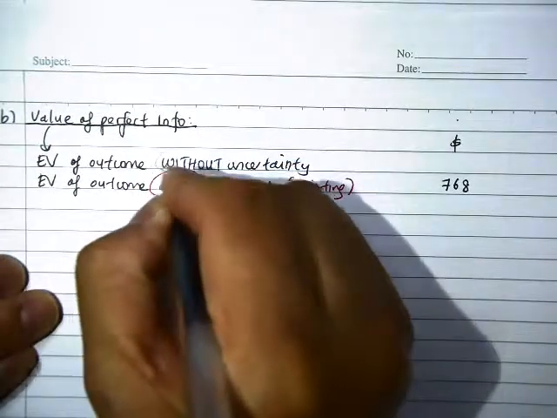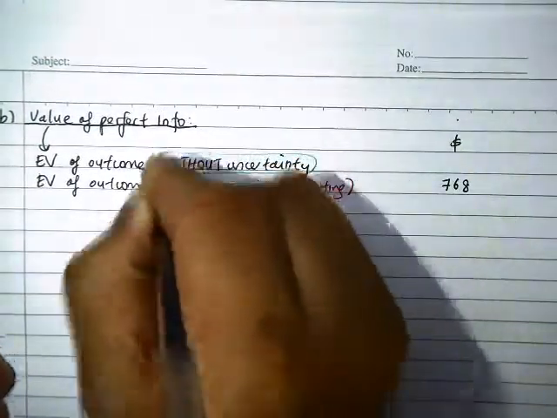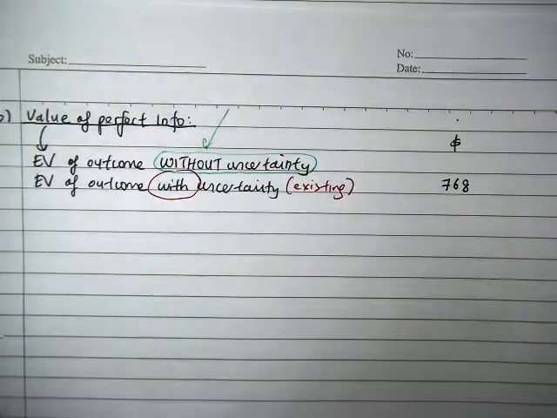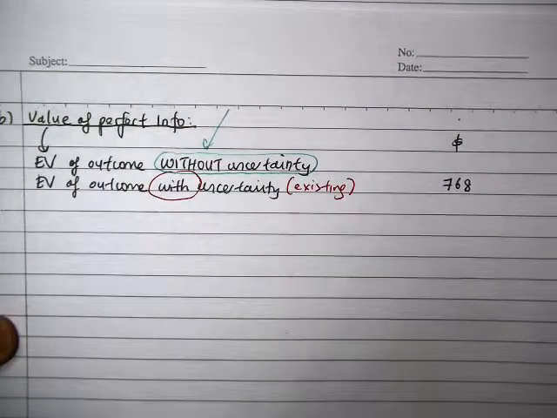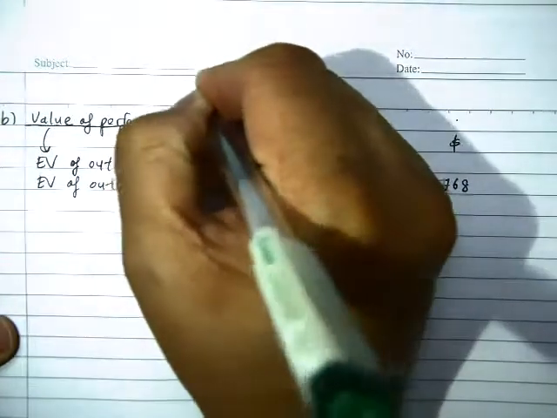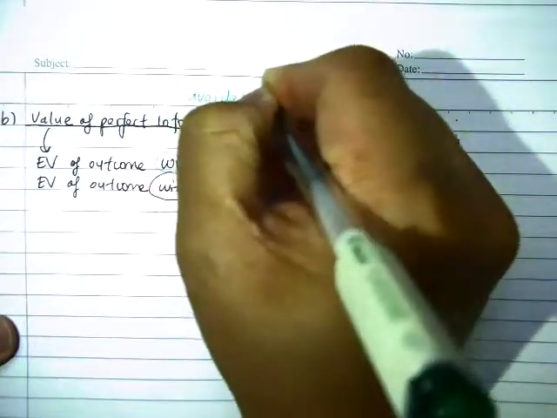So if it's without uncertainty. Now what is the difference when there is no uncertainty? Now without uncertainty, you would have avoided the bad EVs.